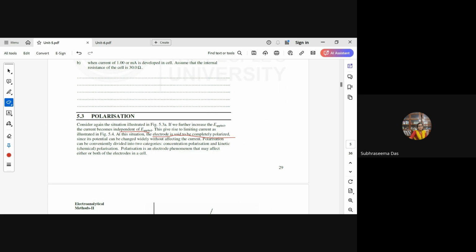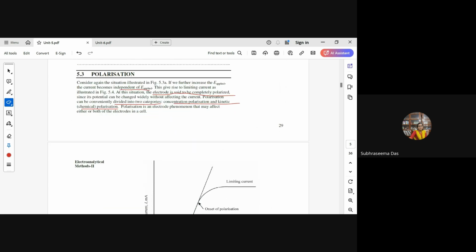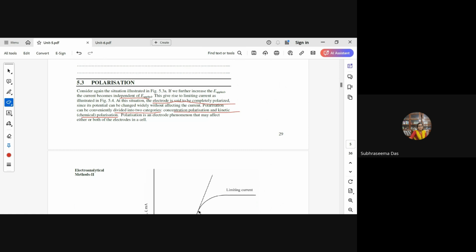Polarization has been divided into two categories: concentration polarization, and chemical polarization or kinetic polarization. Polarization is an electrode phenomenon, it affects either one or both of the electrodes in a cell, and it occurs very often in an electrolytic cell. It is also an important concept in electrogravimetry.